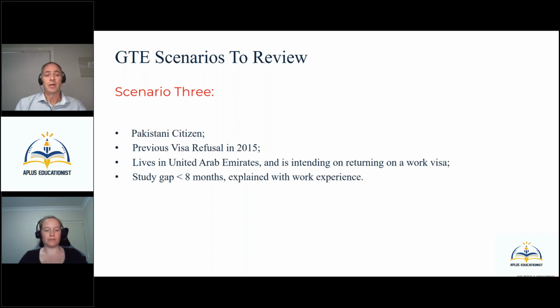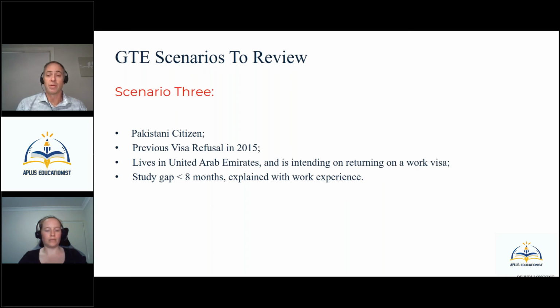In this example where a student is living in a third country, we do look at this a little bit more closely. The student couldn't demonstrate guaranteed commitments back in the UAE. He was looking to return to the UAE but couldn't get permanent residency, and that added an additional layer of risk. Ultimately the student was rejected on the basis of a number of points.